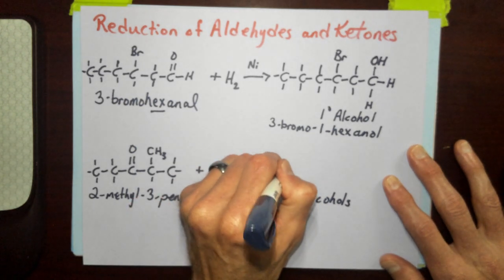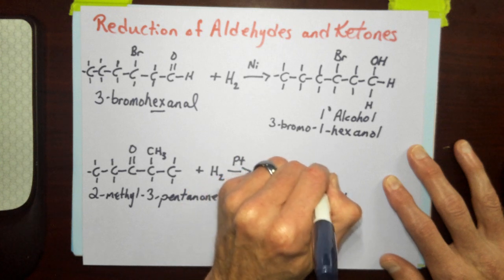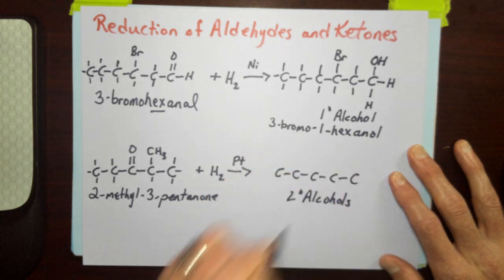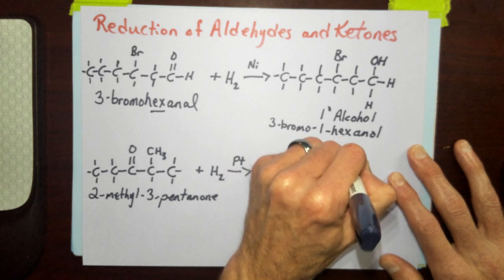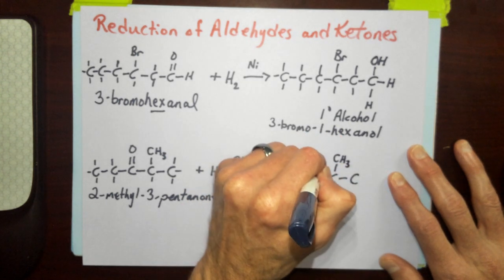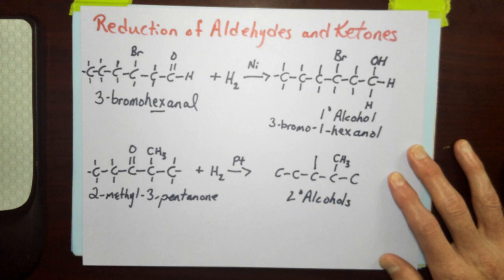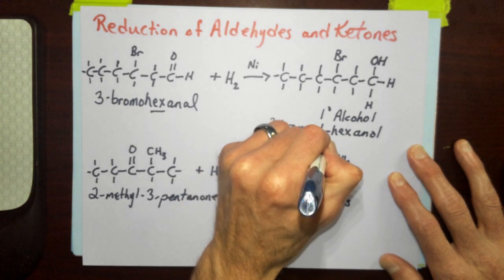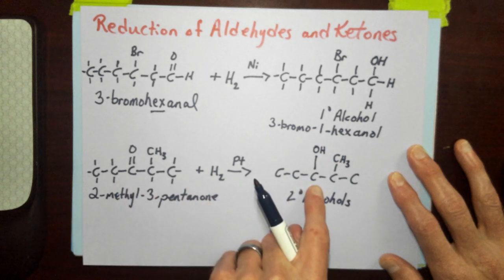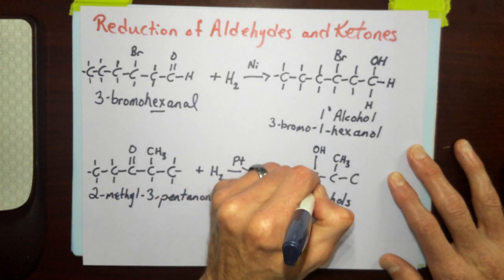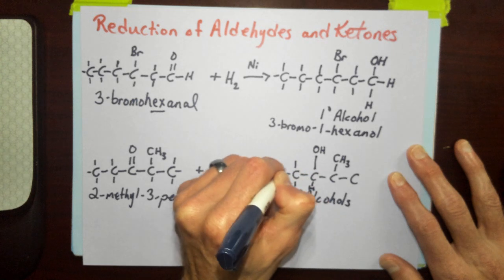So we have our 5-carbon chain. We still have our methyl, number 2, and now here we have an OH, an alcohol, from the carbonyl to the hydroxyl, hydrogen. We still have all of our hydrogens here.